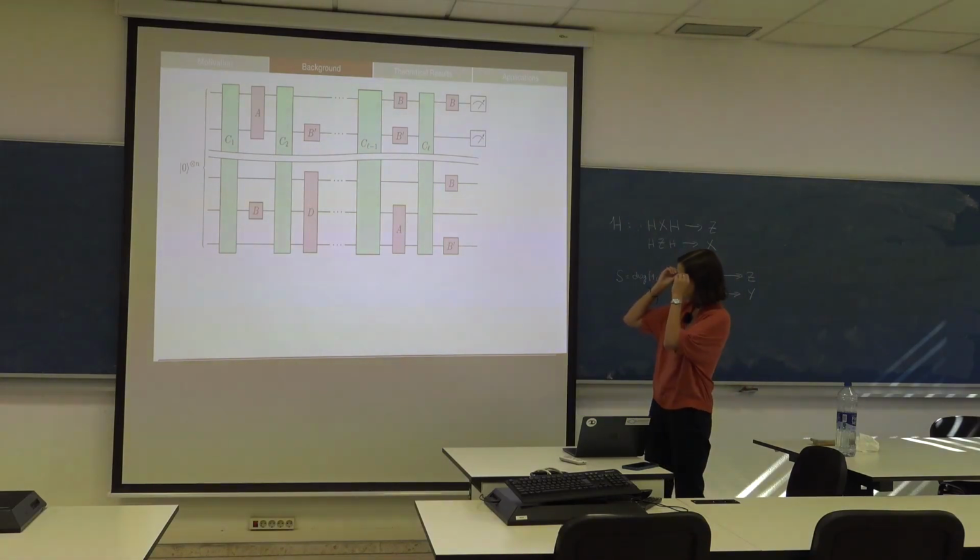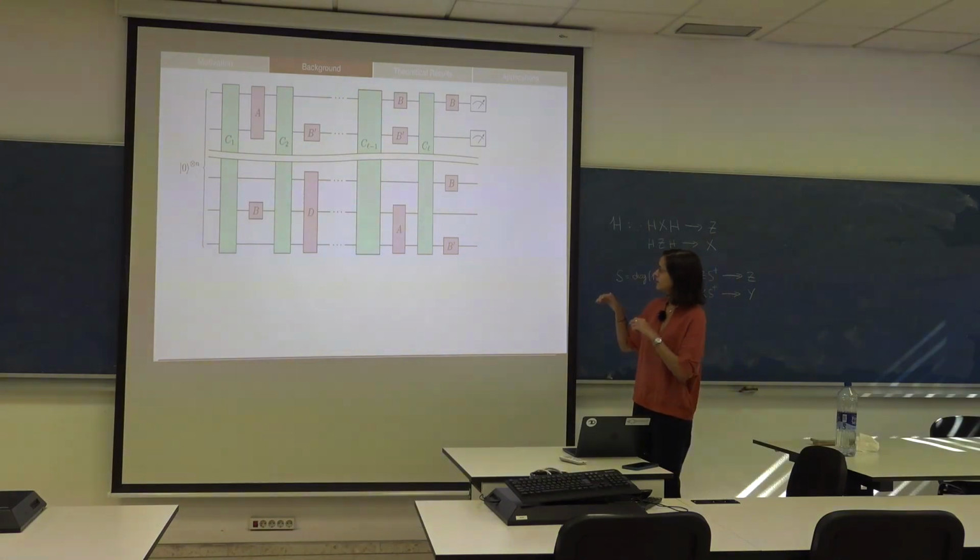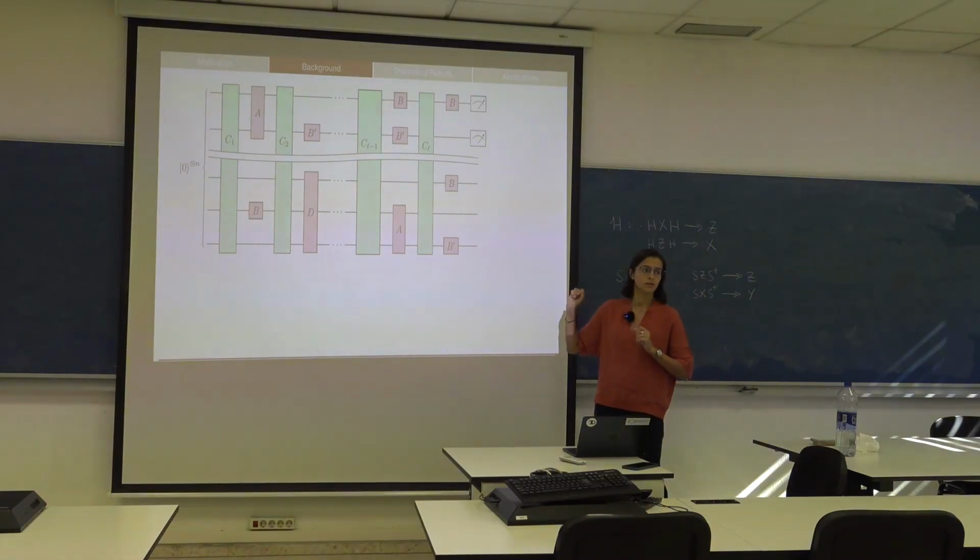And so the question we are interested in is, let's say we have some general circuit that looks kind of like this, so it has n qubits. And then it has some Clifford unitaries that I grouped here into the green boxes. So the green boxes are Cliffords. And then we have some non-Clifford gates, the red boxes, interspersed between these Cliffords.